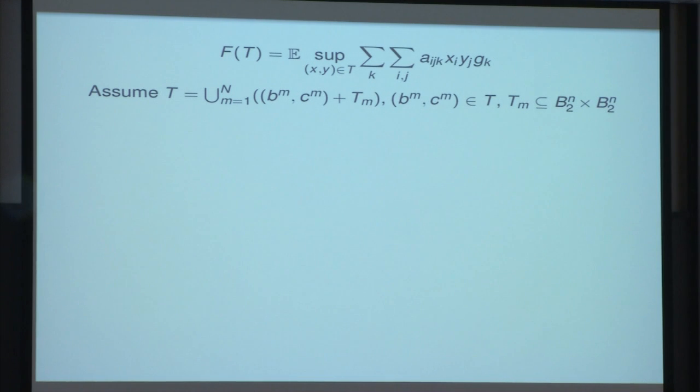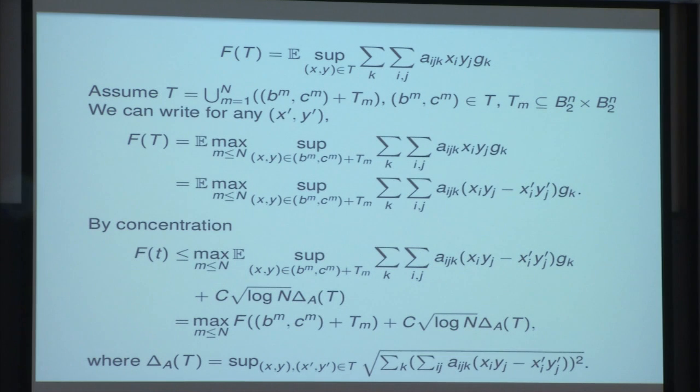And our hope is that those sets Tm are somehow simpler than the original set T. And we would like to replace f of t by the maximum of f of Tm, but we will have to pay some cost. And we want to control the cost which we pay, and then proceed iteratively by replacing Tm's by even simpler sets.